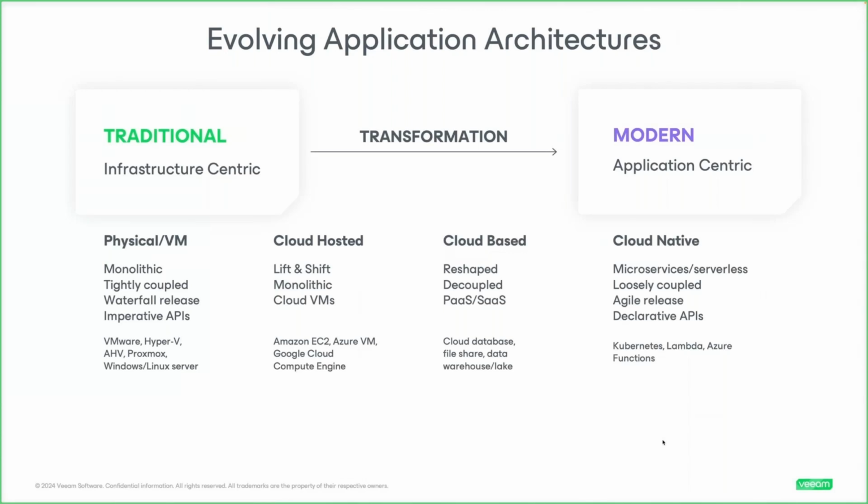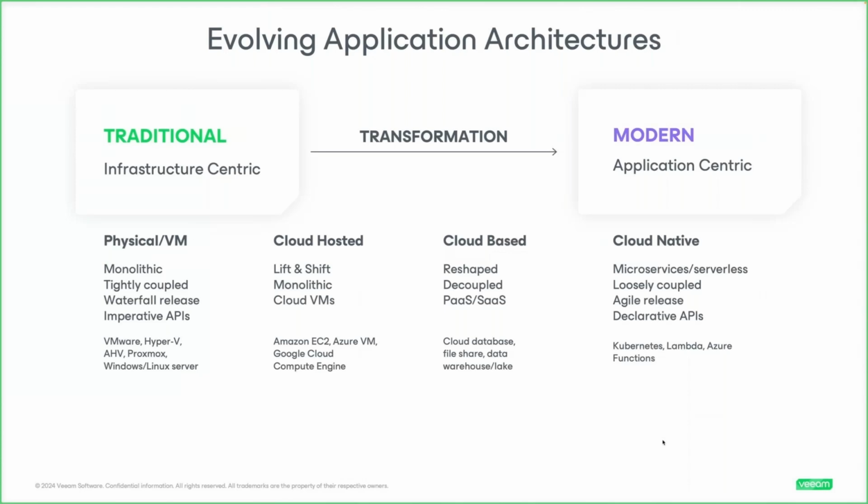So again, very loosely coupled. We're looking at microservices like containers or even serverless, leveraging things like functions. We've gone from a waterfall release to a very agile release, imperative API driven to declarative APIs. And I've already gone through some of the examples there, like Kubernetes, we've got AWS Lambda as functions, Azure Functions.